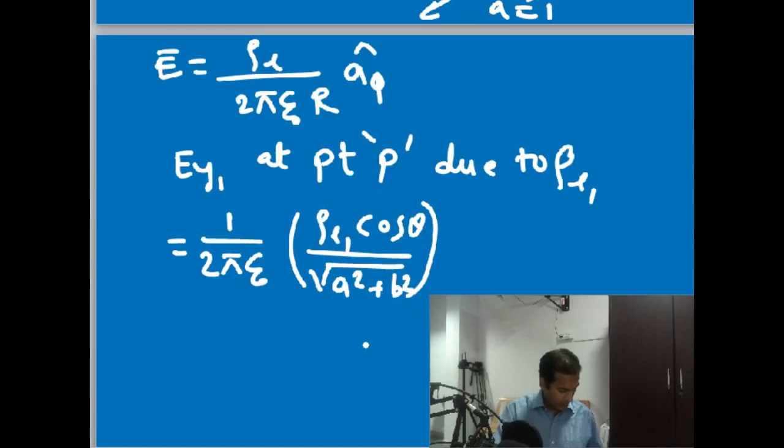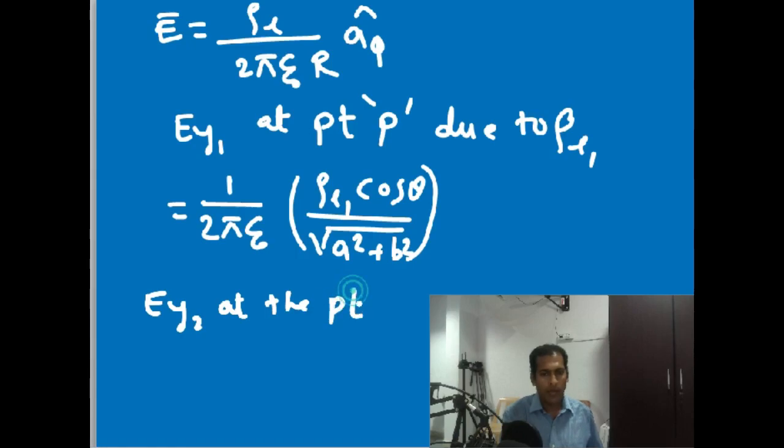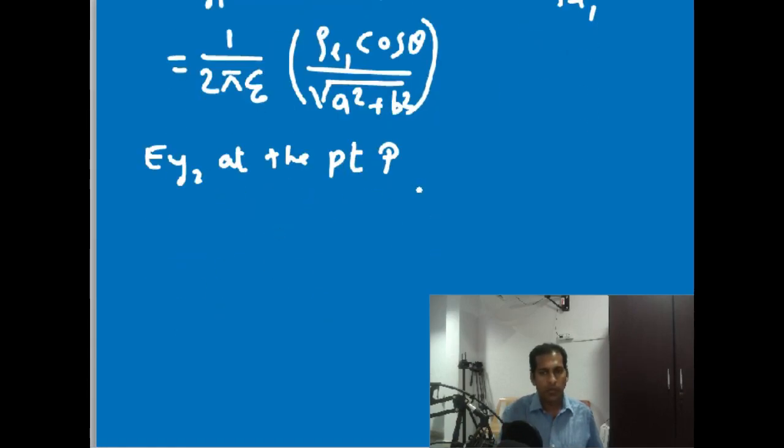Now similarly, we can find out EY2 at the point P due to the second line, due to rho L2.